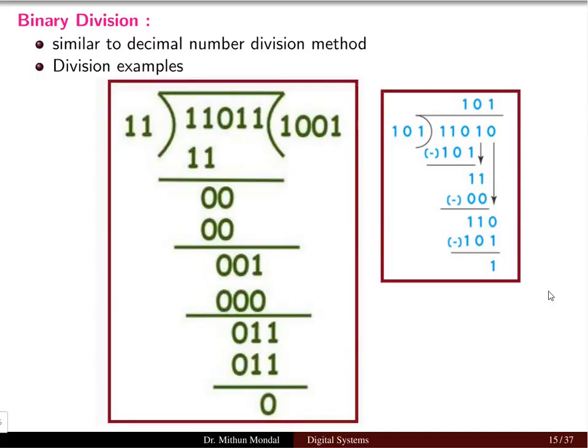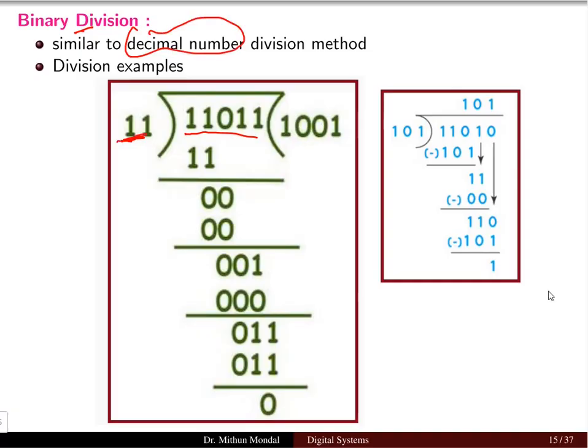Now division. Generally when we convert decimal numbers to binary numbers or binary to decimal, a lot of division processes are involved. So suppose for example we are dividing the number 11011 by 11. How do we divide? The division process is similar to what we use in the decimal number system.